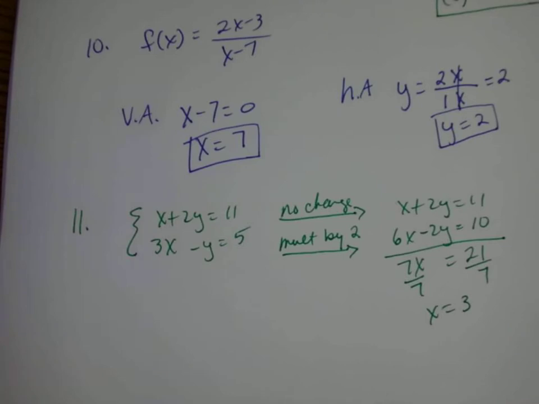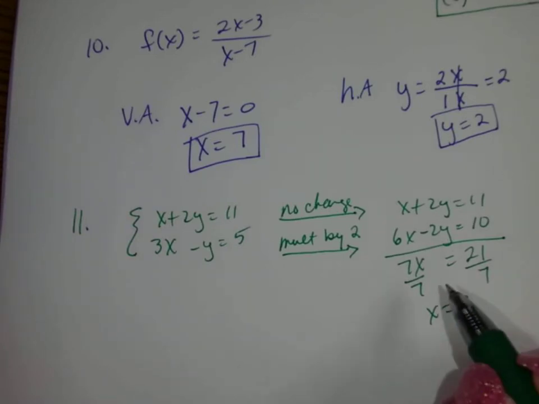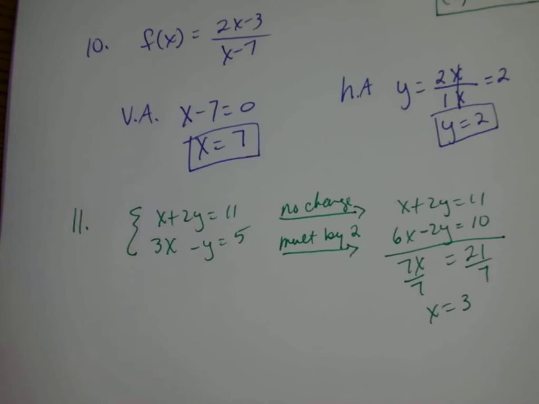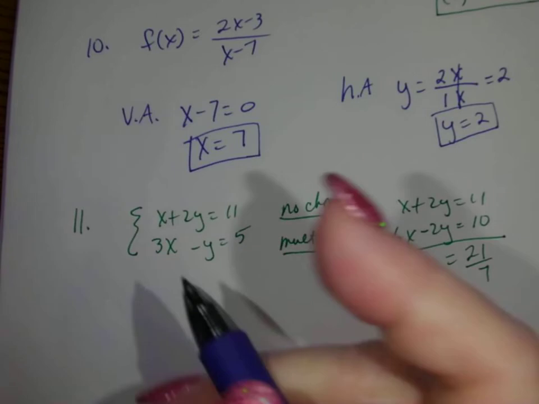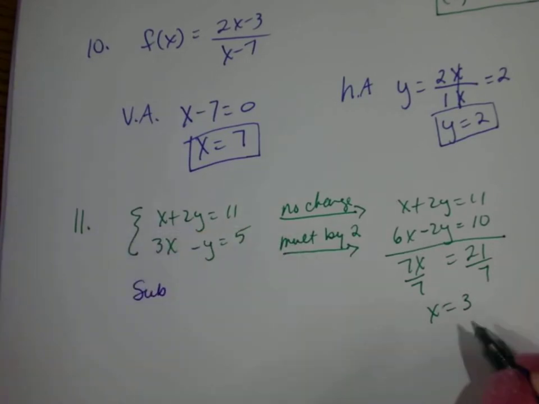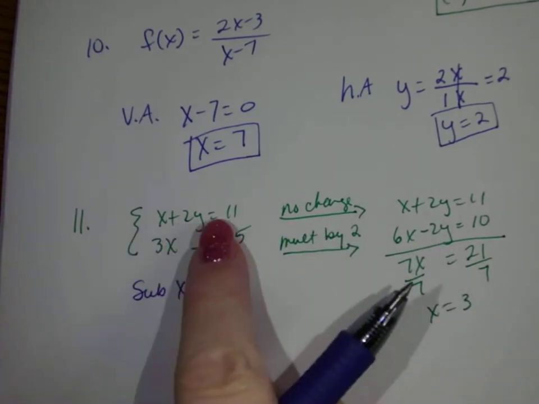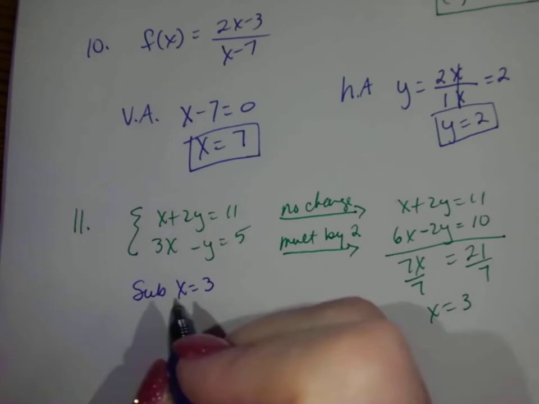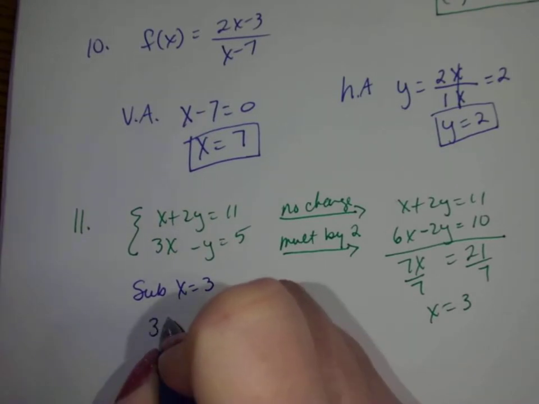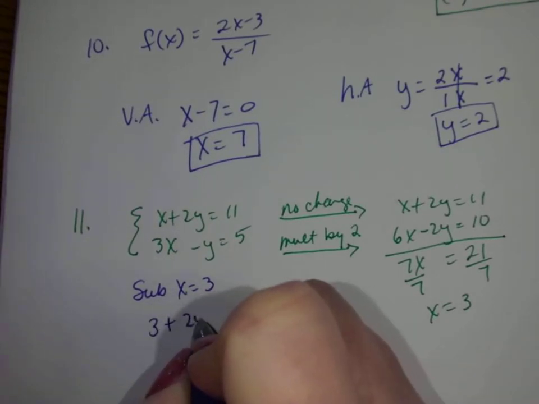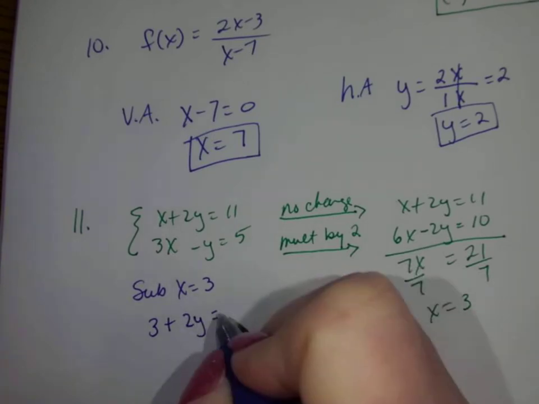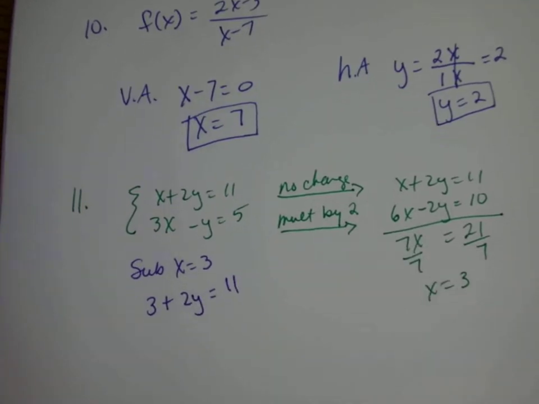Now that we have 3, we can plug in 3 into one of the equations. It doesn't matter which one you plug it into, but I'm going to sub x equal to 3, and I think I might just plug it into the top one. It doesn't matter. So I'll have 3 plus 2y equals 11.